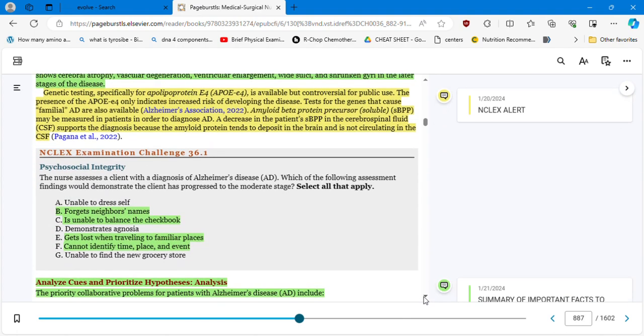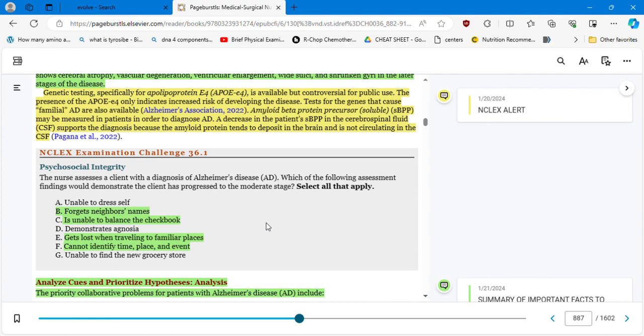So we have the NCLEX, and this is good to know. It's good to double check on these questions and answers. The question says the nurse assesses a client with a diagnosis of Alzheimer's disease. Which of the following assessment findings would demonstrate the client has progressed to the moderate stage?